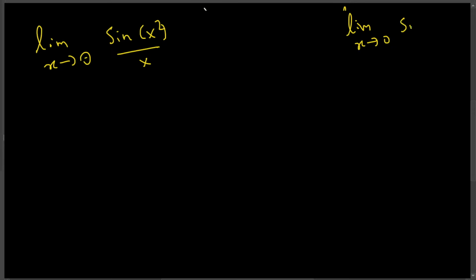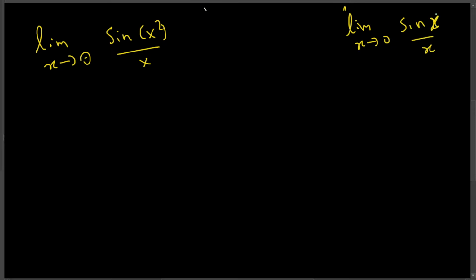Let's say we have a question like this: limit x approaches 0, and the trigonometric function given as sine x square divided by x. And whenever we have a sine, you have to think about this: limit x approaches 0, sine x over x.